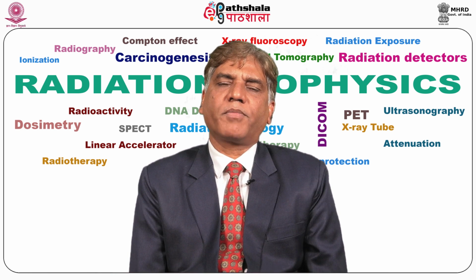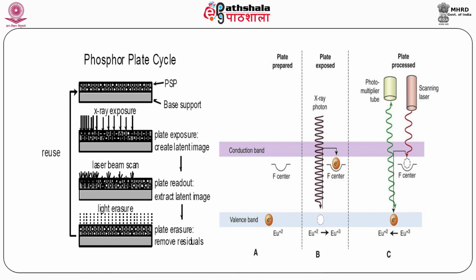A typical CR plate is shown in the figure. You can see all these layers. The heart of this is barium fluorohalide activated with divalent europium.